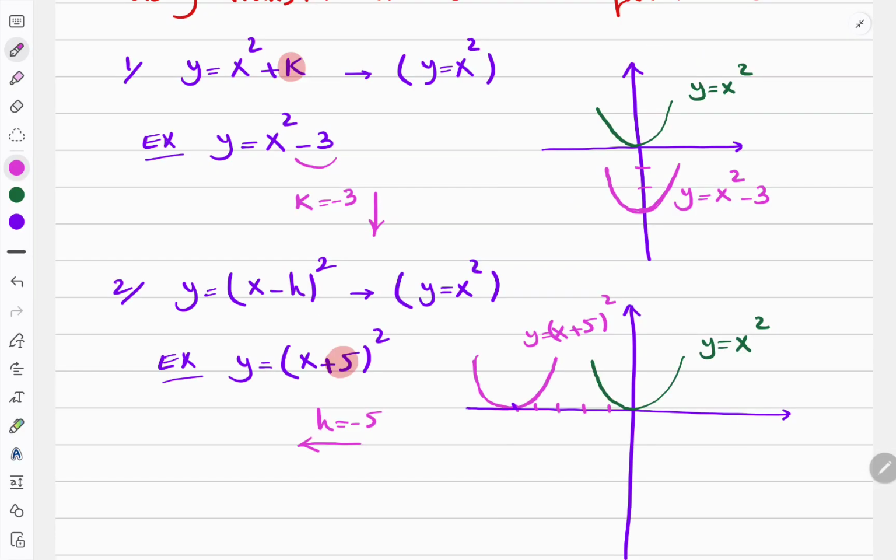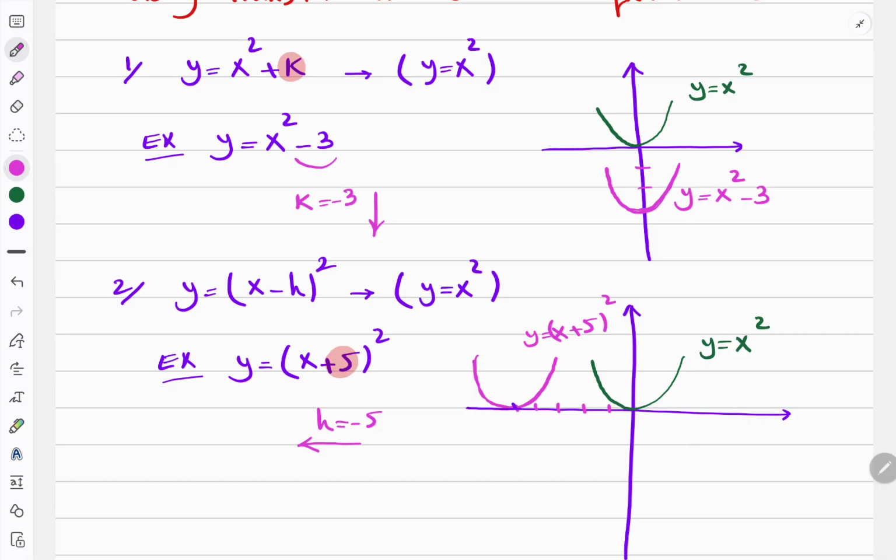So in two forms, if we have a constant like k, which is affecting y, we should move up or down vertically, shifting the graph of y equals x squared. But if we have a number that affects x inside the parentheses, we should move to the right or to the left horizontally, shifting the graph of y equals x squared.